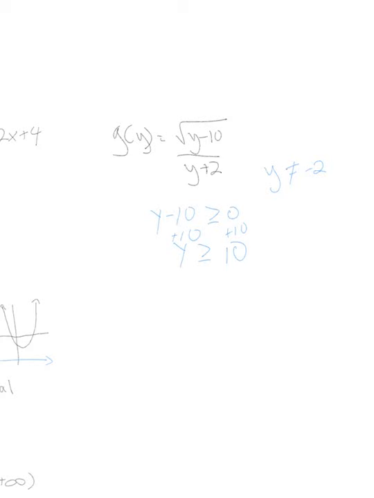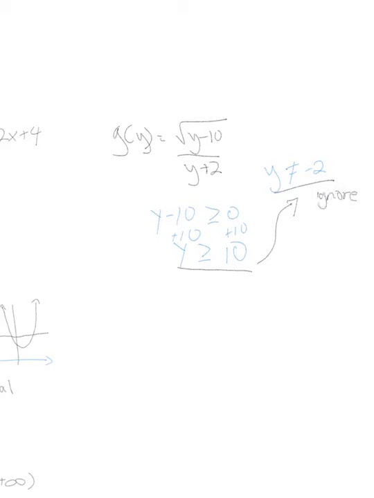And since those two rules apply, we know that y has to be greater than or equal to 10, but y cannot be negative 2. This y greater than or equal to 10 trumps y does not equal negative 2 because it is always going to be greater than negative 2 regardless, because 10 is larger than negative 2. So we can just ignore this one.